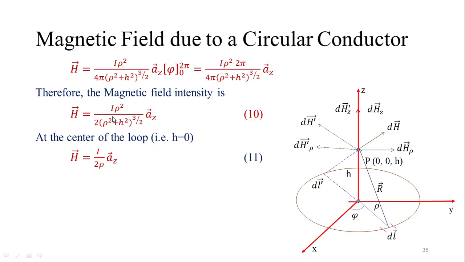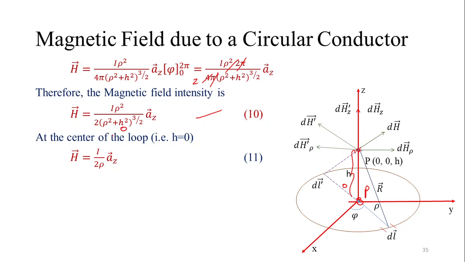If you cancel the common terms in the equation, you can cancel the pi, 2 by 4 by 2, so you will get I rho square divided by 2 rho square plus z square power 3 by 2 az vector. So at the center of the loop, okay, if you want to calculate the field at this point, P will be here, at the time z will be 0.